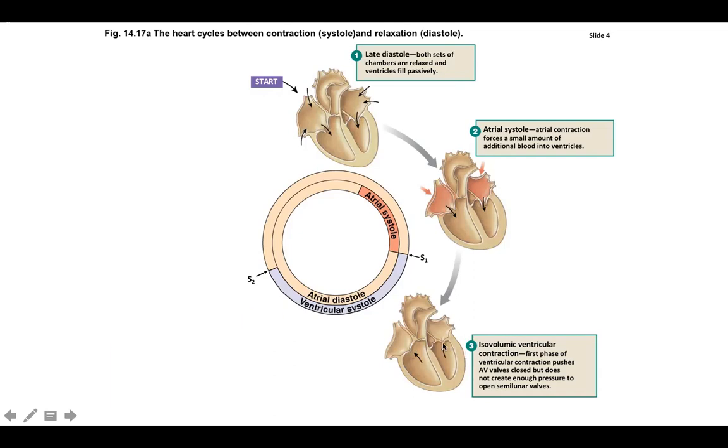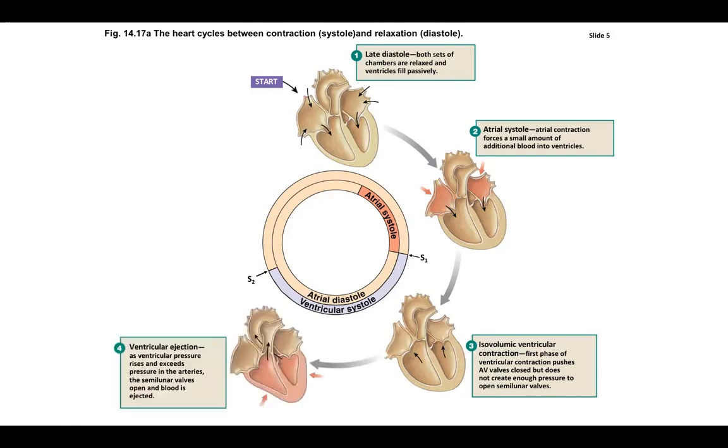The next phase is that there comes a point when the ventricles are contracting, the force is increasing, the pressure is increasing, to the point where it exceeds the pressure in the arteries. So in the pulmonary trunk, which is an artery, and in the aorta, the pressure that's in the ventricle exceeds that. And at that point, those semilunar valves open.